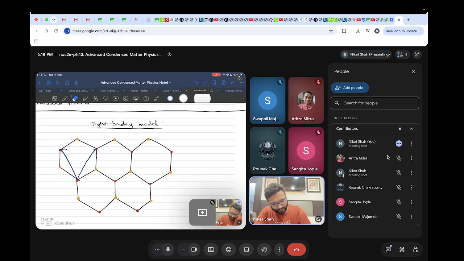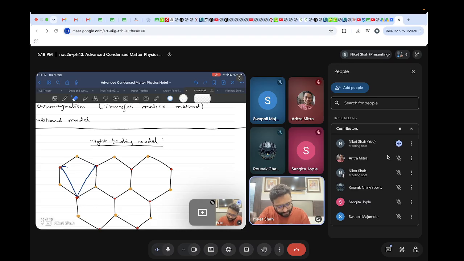So for that I want all the hoppings present for a particular unit cell. I will consider this unit cell itself.